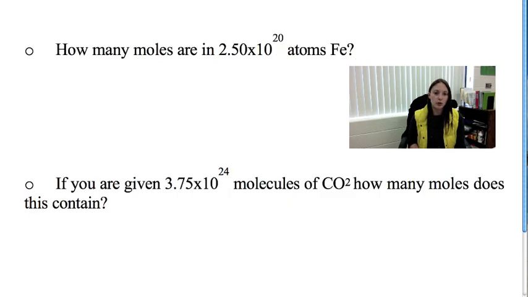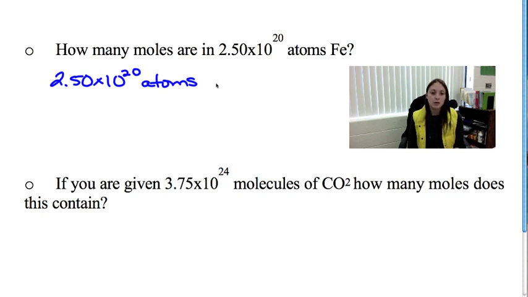Well, what about if we go the other direction? So now say that I have 2.50 times 10 to the 20th atoms of iron, and it wants to know how many moles that is. Well, just like we were doing before, you can think it through a little bit and think, okay, my number should be getting smaller here.